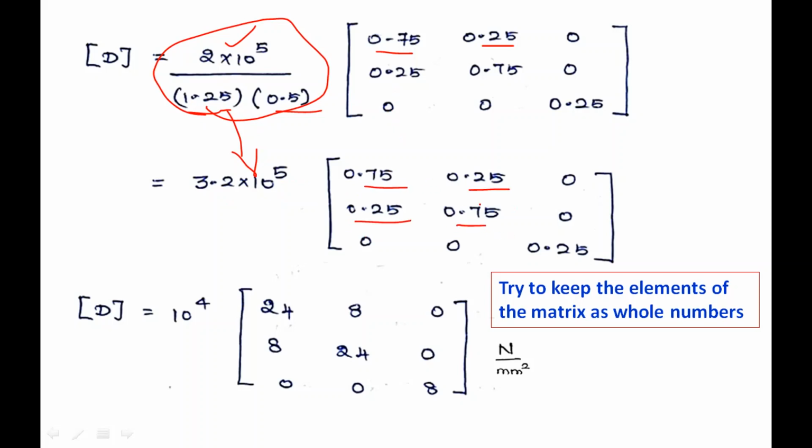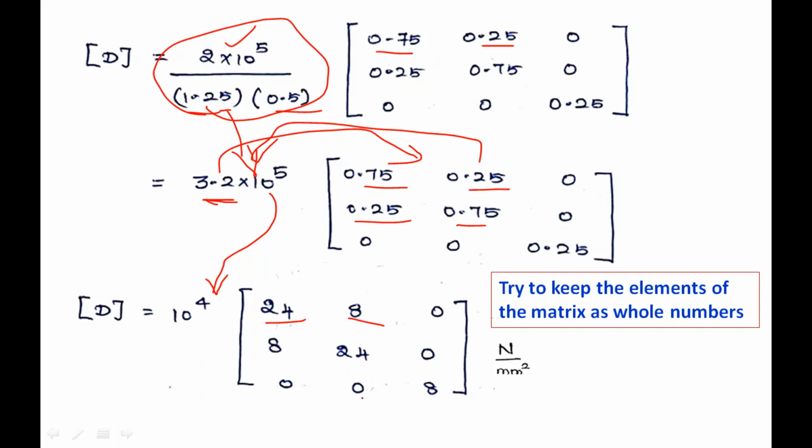So to make the elements of the matrix whole number, we can take either 0.25 outside the matrix, or we can multiply this 3.2 inside this matrix. Here we are multiplying this 32, so that is why we are getting 10 power 4 outside the matrix. So 32 is multiplied inside this matrix, so we are getting 24 8 0 8 24 0 0 0 8 like this.